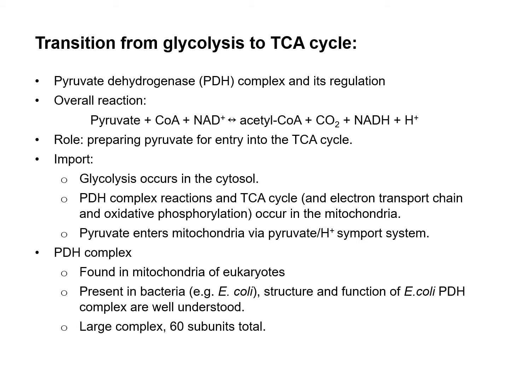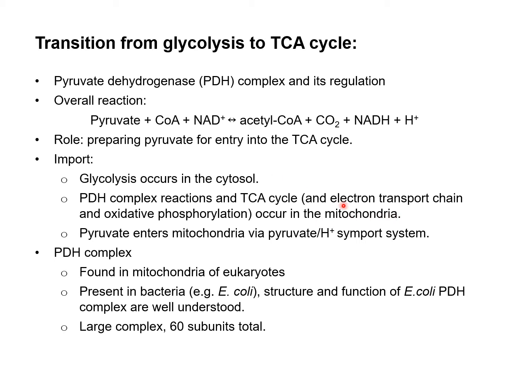But the import process is important because pyruvate is basically in the cytosol, or the cytoplasm, because glycolysis occurs in the cytosol. But the PDH complex reactions and the TCA cycle, as well as the electron transport chain and oxidative phosphorylation, everything occurs in the mitochondria.